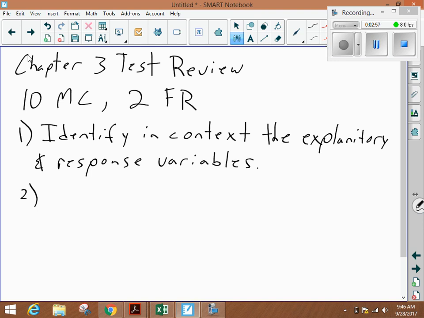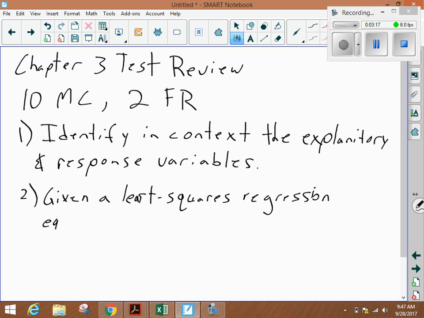All right. Given a least squares regression equation, make a prediction.